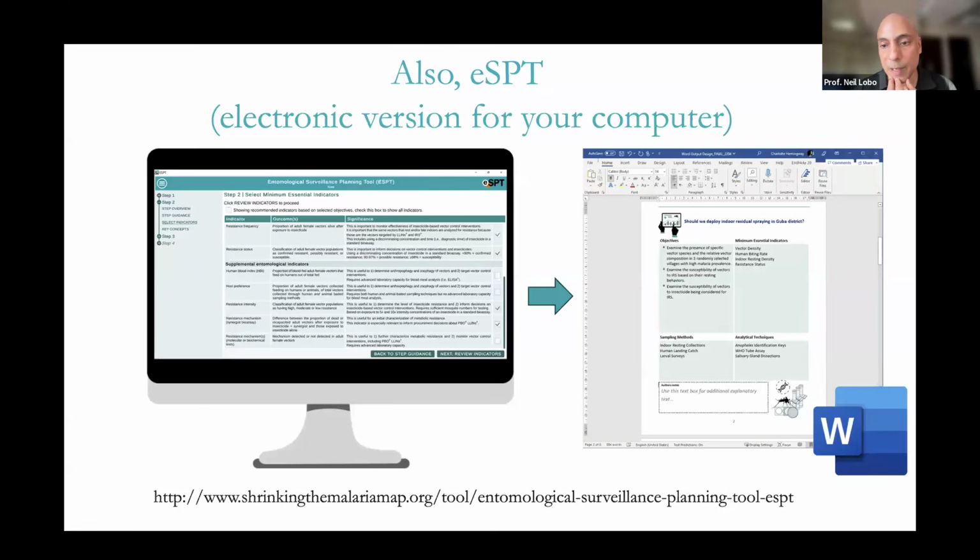It goes through every single process that you would have been through. It has all the data and tables on there as well. It's called the little ESPT, because I don't know how to differentiate between the capital E and the little e. Anyway, that's also available to download, and it's on my desktop.